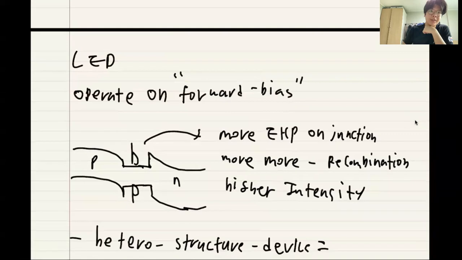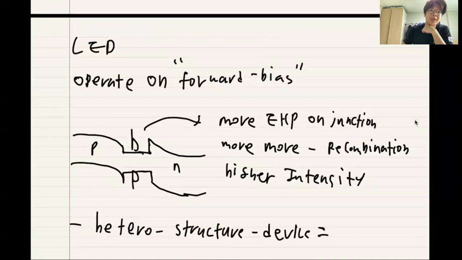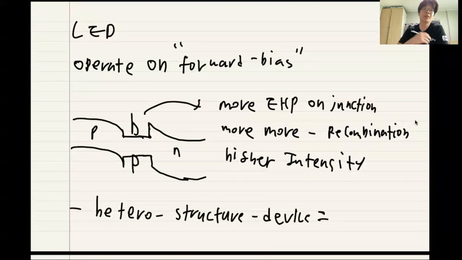And there is the light emitting diode. The LED uses the exact opposite mechanism to solar cells, and is operated in forward bias. Similar to the solar cell, the LEDs should keep those electron-hole pairs at the junction side.